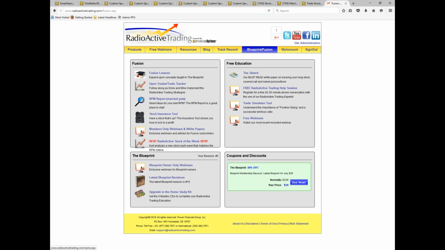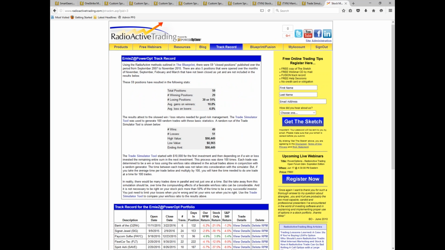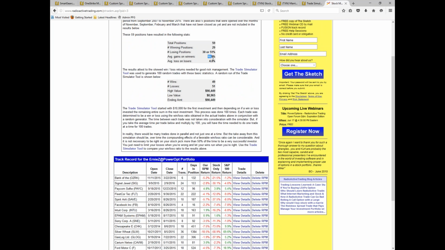Very quickly, I'm going to go to RadioActive Trading, to the track record here. I just want to answer Jay's quick question again. Why does Ernie do better? Let's first look at Ernie's risk-reward gains that he's shown. Ernie averages about a 10.8% gain on his closing winning trades, and a 4.8% loss on his losers, and he's correct less than 50% of the time.